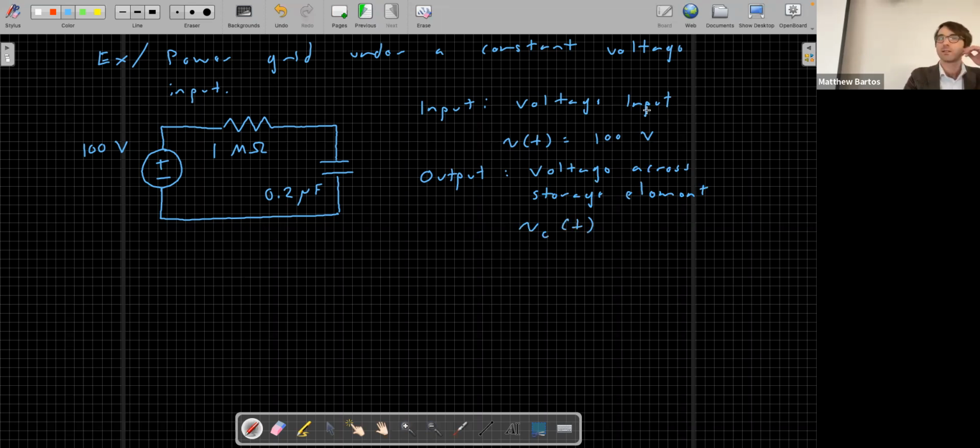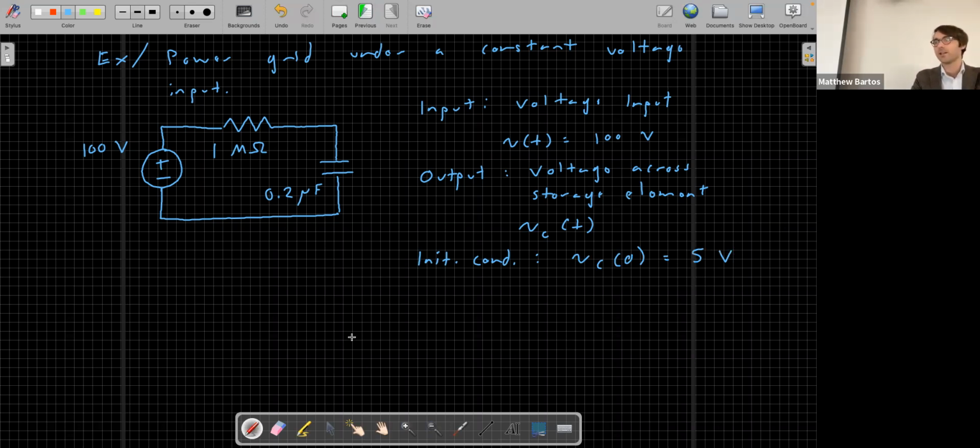And we also have an initial condition that we need to account for. The initial voltage across the storage element at time 0 is equal to 5 volts.